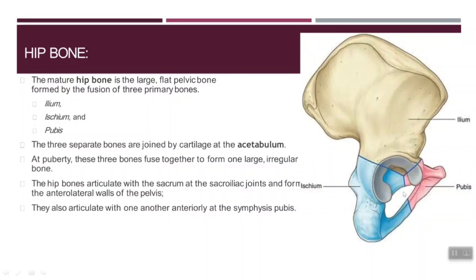In the hip bone we also have one large foramen, the obturator foramen, made by the pubis and ischium. The hip bone articulates with the sacrum at the sacroiliac joint and forms the anterolateral wall of the pelvis. They also articulate with one another anteriorly at the symphysis pubis.